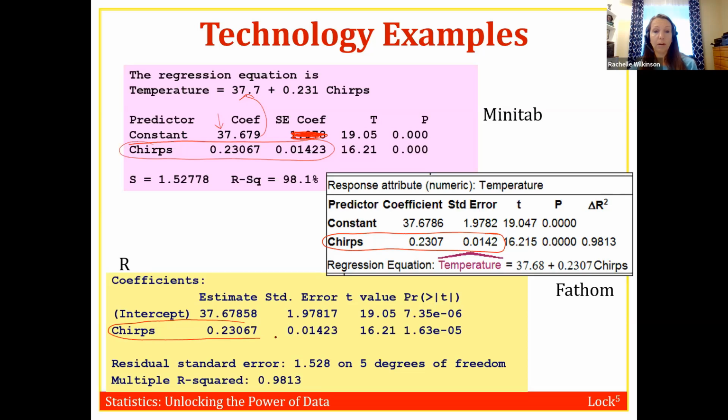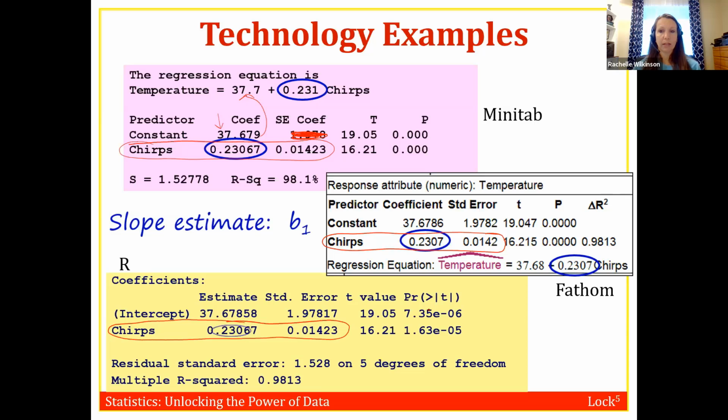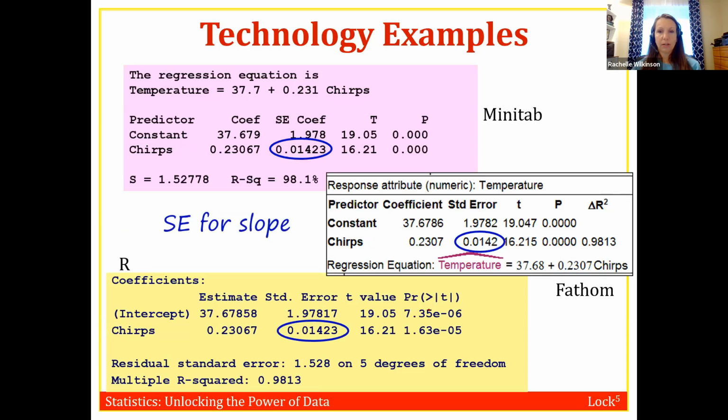So as long as you know approximately where to look, you should be able to find it on everything. And it's always going to be the second line that you're looking at to get your b1 and your standard error. So there's all your slope estimates, and here's all the standard error estimates for the slope.